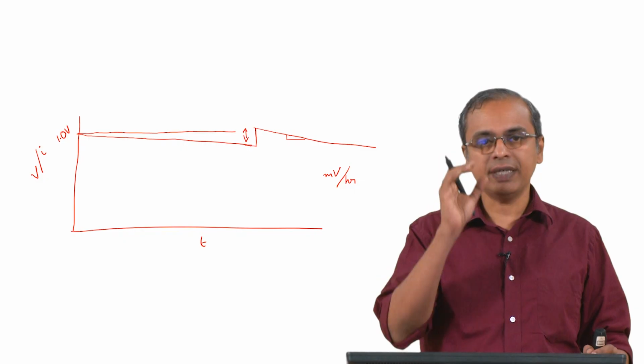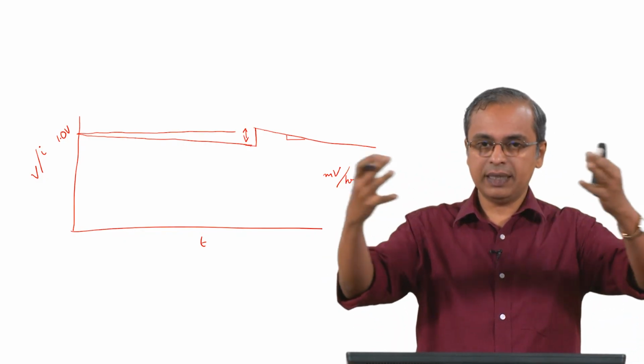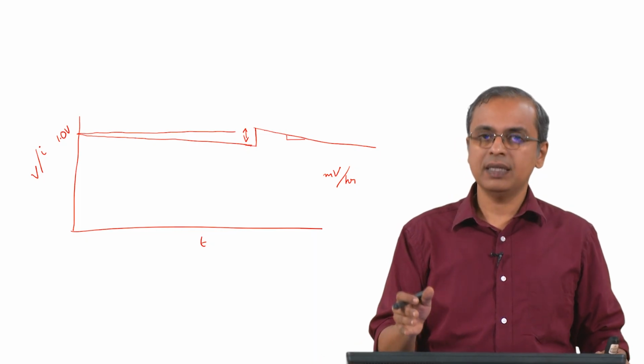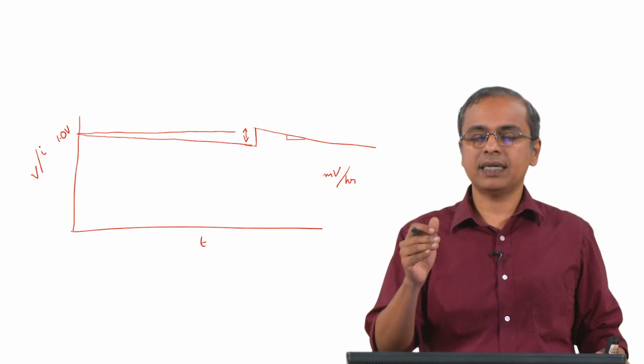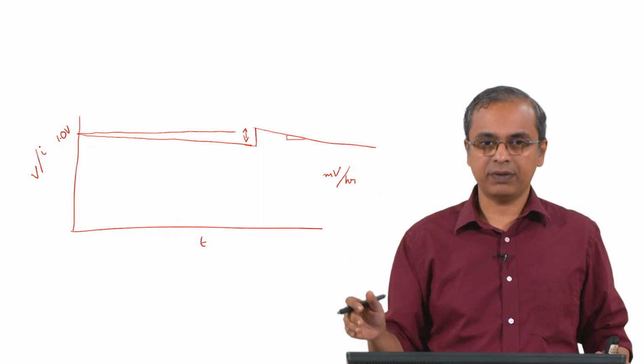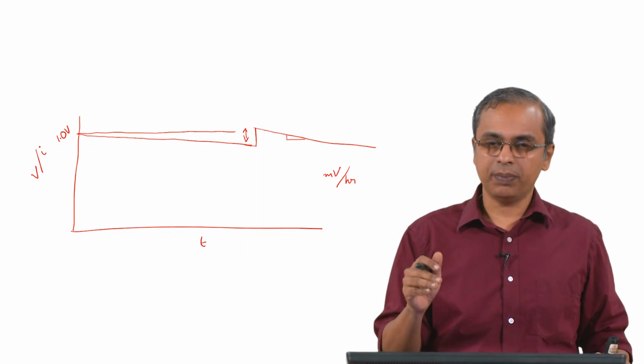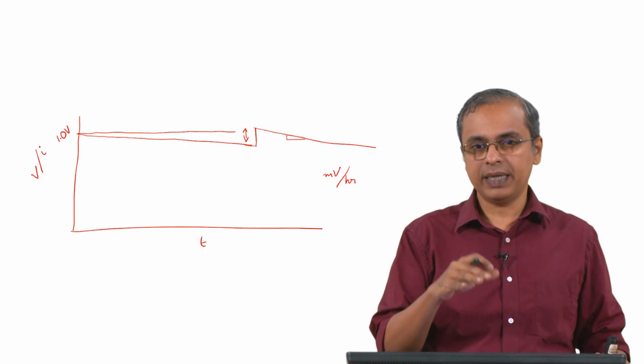If you are looking at any device, other people who have looked at the device in a more holistic sense will set a target saying that we want a degradation rate that is less than so many millivolts per hour. It means it is degrading at a much slower rate. That is something that we want to accomplish, and that is a parameter that people keep track of.